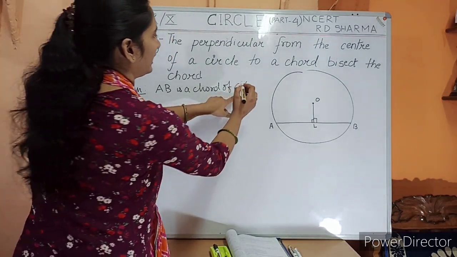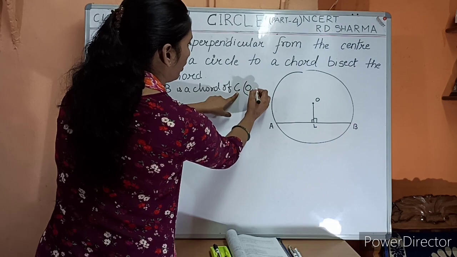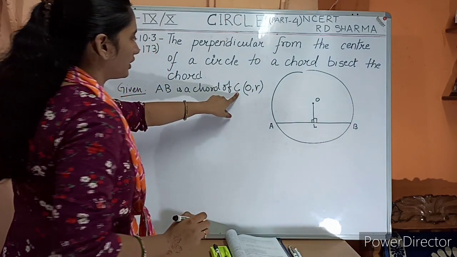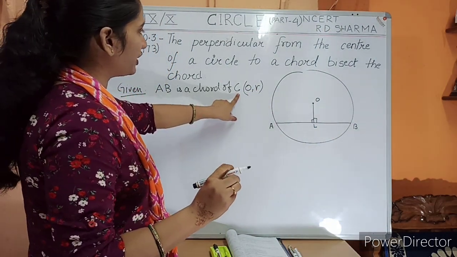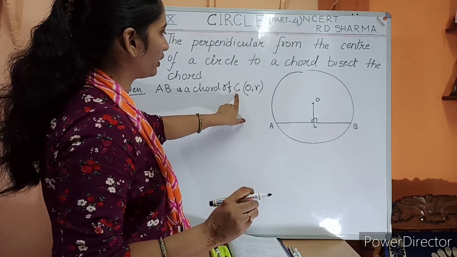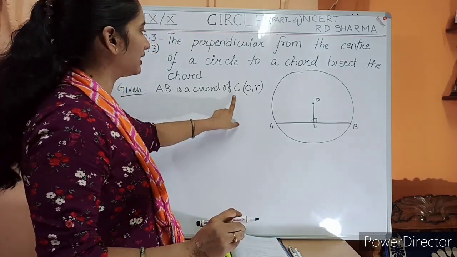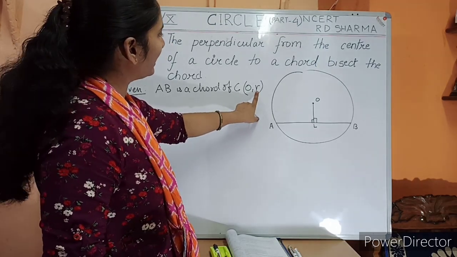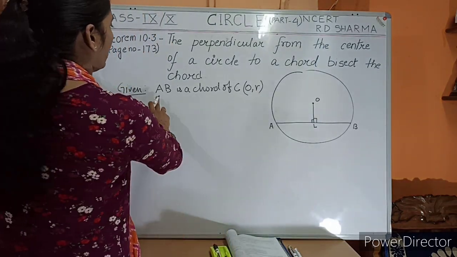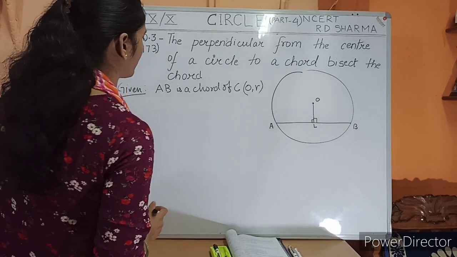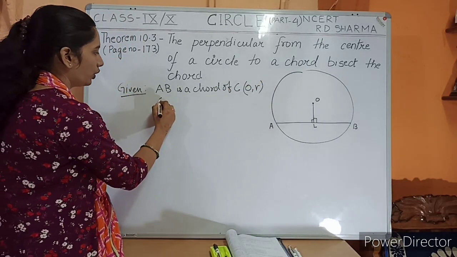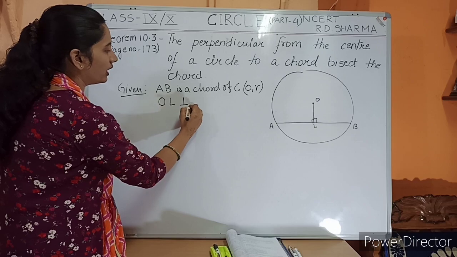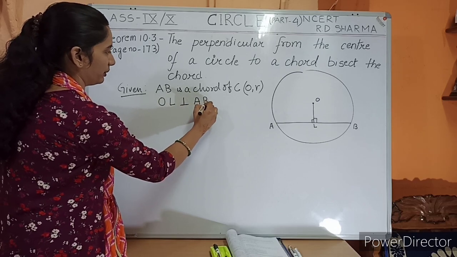C is the circle name, its center is O, its radius is R. So in order to represent any circle, we need to write down this notation. This notation itself means that it's a circle whose center is O and the radius is R. So AB is the chord of this circle, and OL is perpendicular to the chord AB.